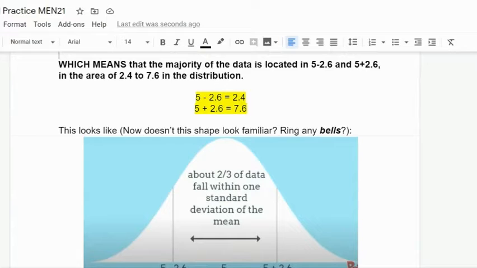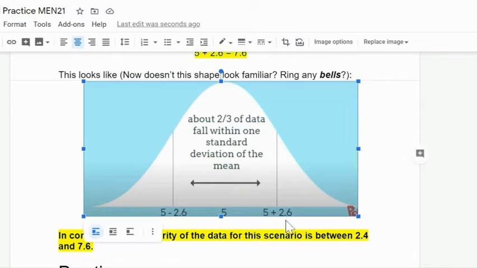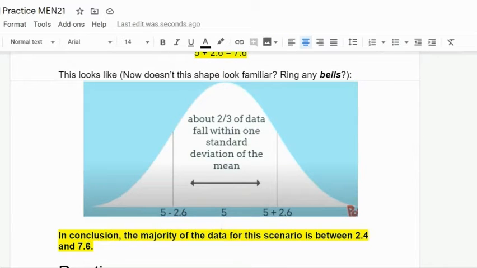And the data was between 5 minus 2.6, which is 2.4, and 5 plus 2.6, which is 7.6. So looking at the graph, we have the 5 minus 2.6, which we know is 2.4 because I did the calculations, and the 5 plus 2.6, which we know is 7.6. Again, I did the calculations, which means that most of our data fell between this section.